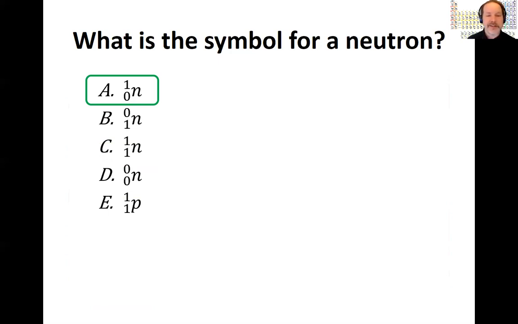So the neutron has a mass of 1. And remember, Z, the subscript on the left-hand side, tells us something about its charge. The neutron has no charge, so that's why it's a 0. Good. So those are some good things that I would say the symbol E represents a proton. The other ones are distractors.